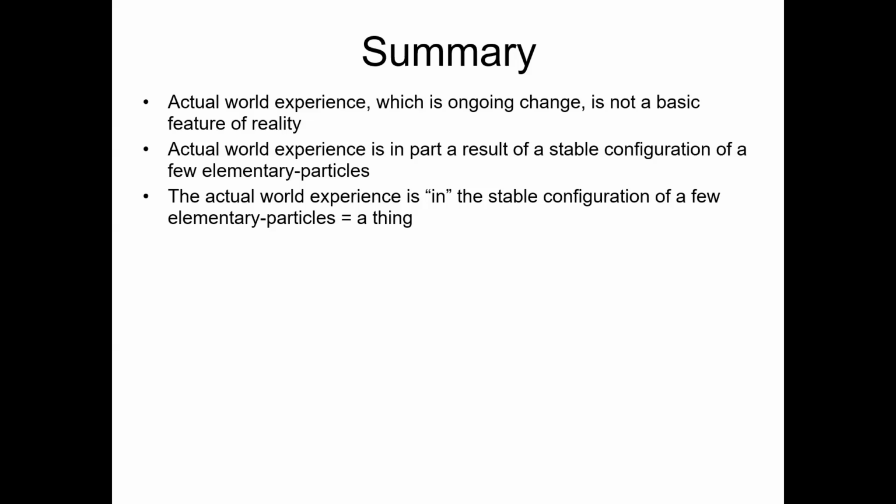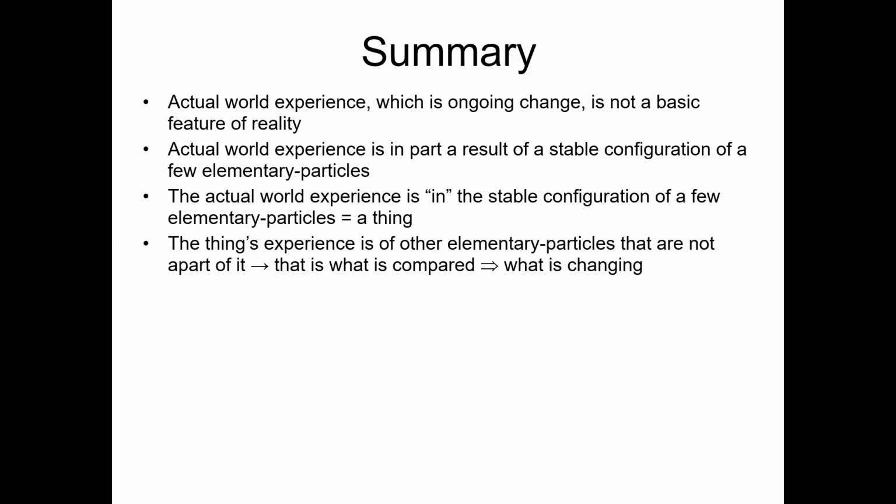So actual world experience is not something that is part of reality itself. It arises within things. Now the thing's experience is of other elementary particles that are not a part of it. That is what is compared. That is what is changing.